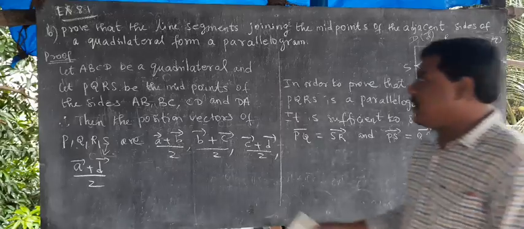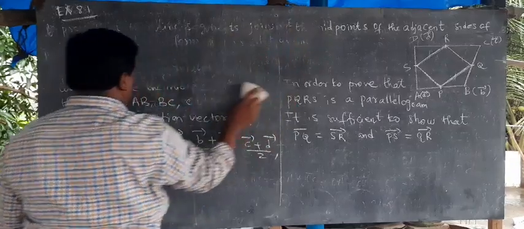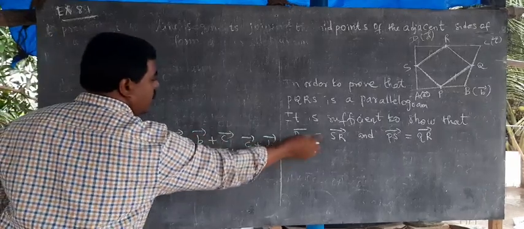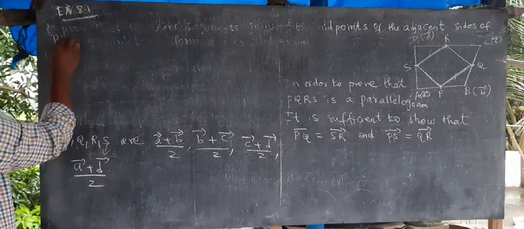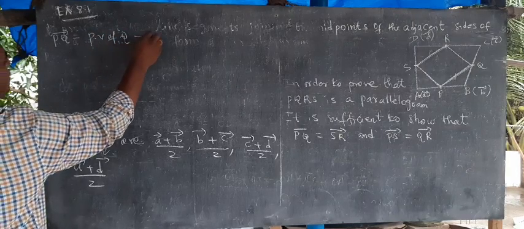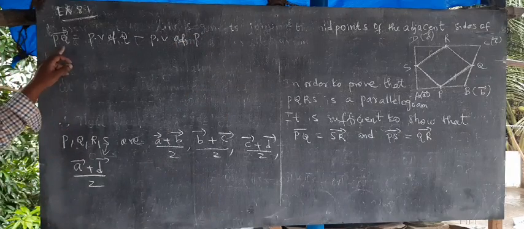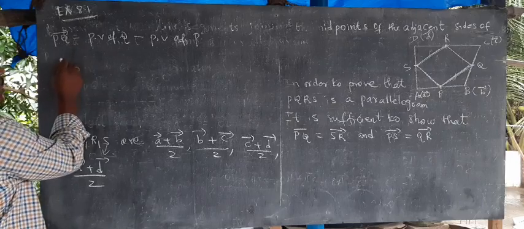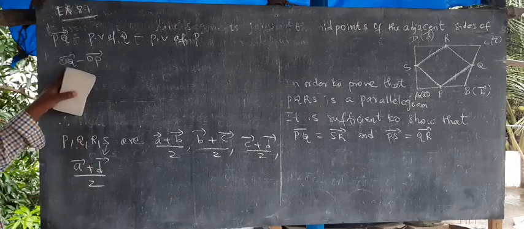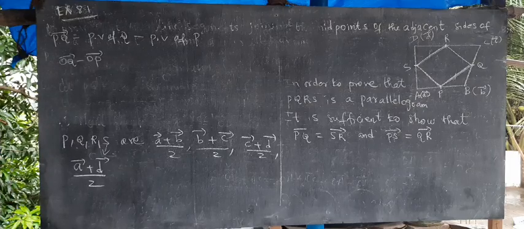So what do I do here? PQ vector equals the position vector of Q minus the position vector of P, because PQ vector equals OQ vector minus OP vector, since position vector is measured from the origin.